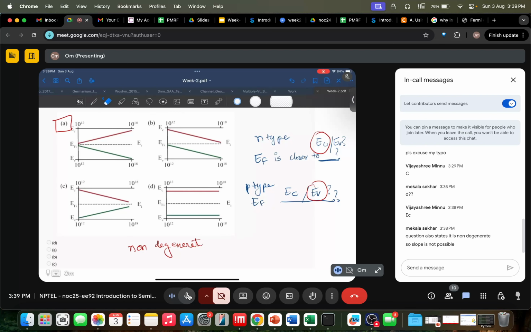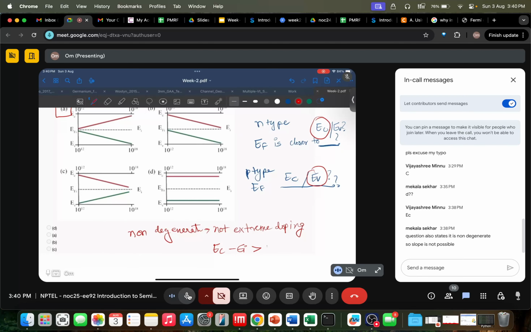The doping is not very high, which is like EC minus EF is always greater than 3kT, or EF minus EV is always greater than 3kT. This is the condition for non-degenerate doping.